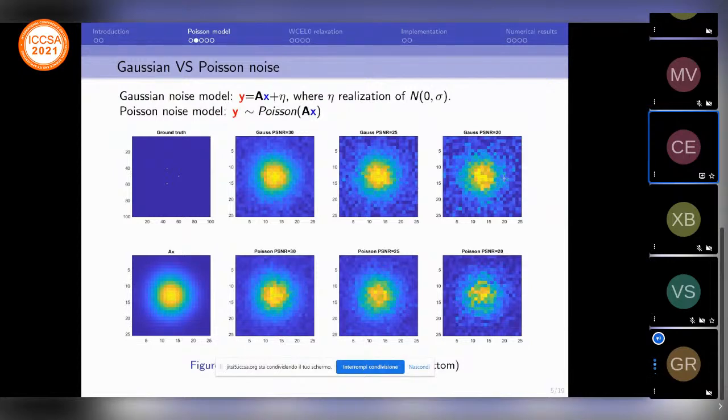And the noise on the top, we see the Gaussian, which is more or less equally distributed everywhere, independently of the intensity of the source. In the Poisson case, the noise is relative: in the background we have low absolute noise, while where the intensity is high, the noise is high.